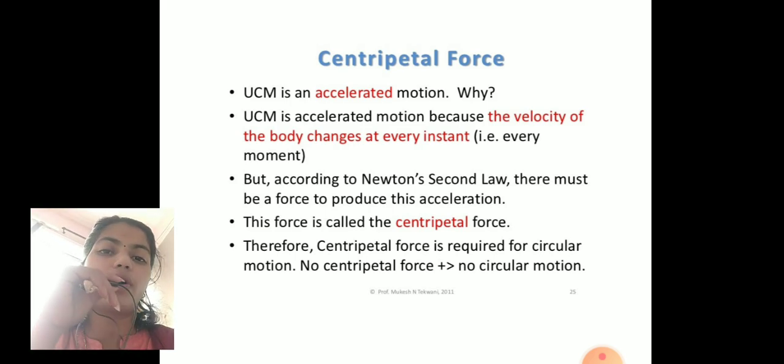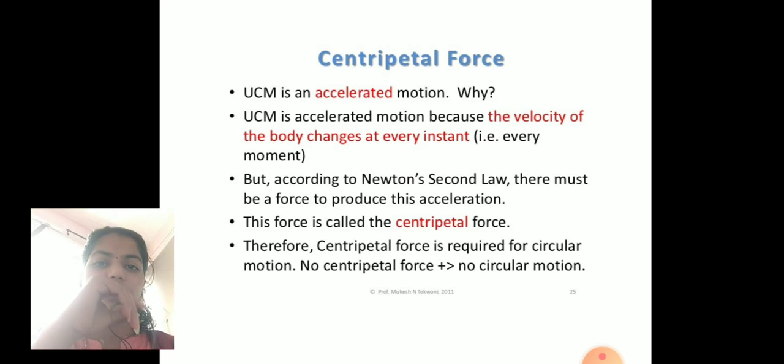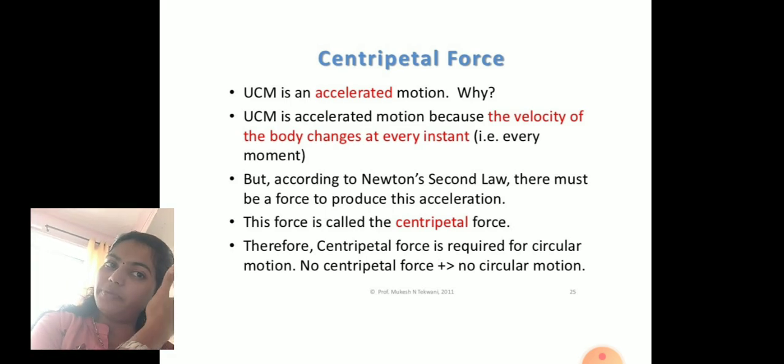Nothing in our nature or on earth is constant or stable. So uniform circular motion is accelerated motion because the velocity of a body changes at every instant.